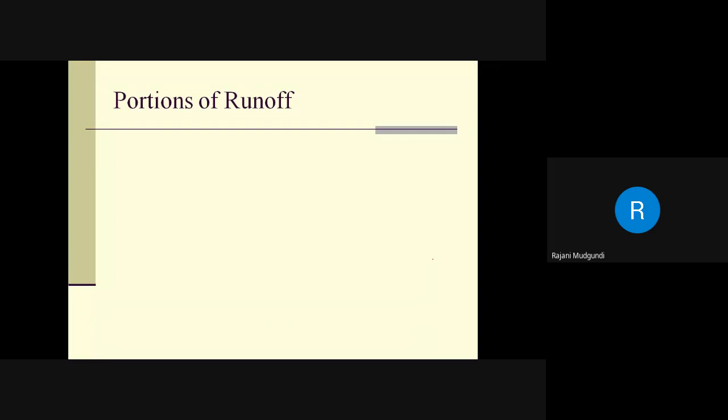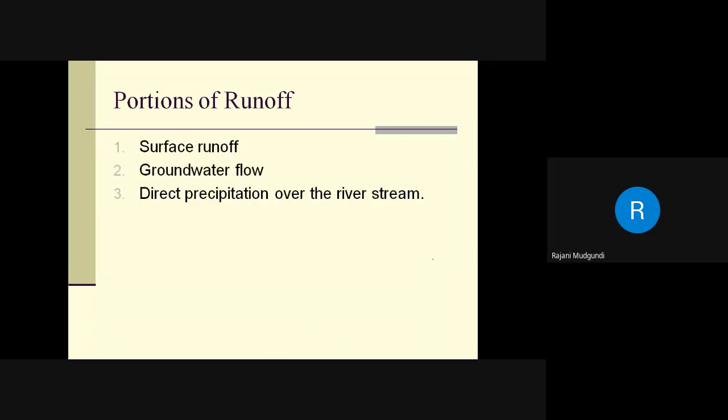Now the various parts of runoff can be divided as surface runoff, which is flowing above the surface, and groundwater flow. In the top layer of soil, some part of water will get absorbed and join the groundwater.